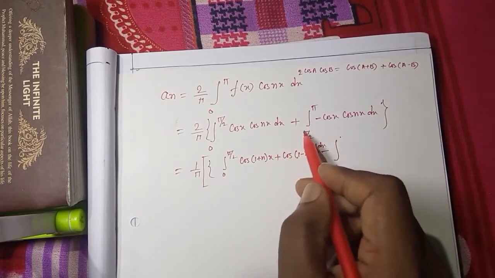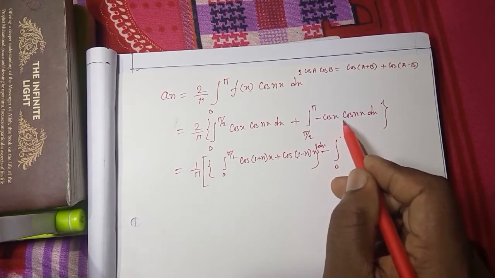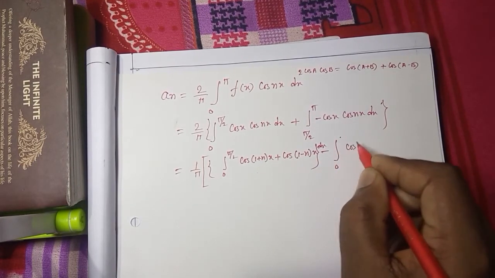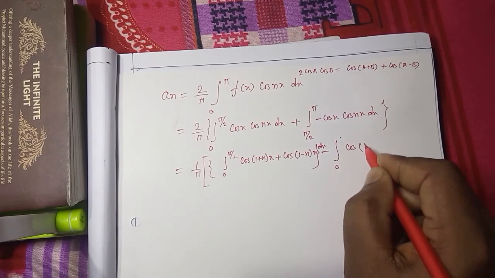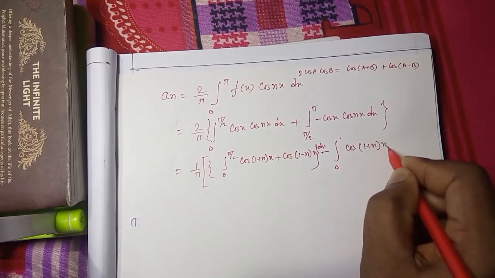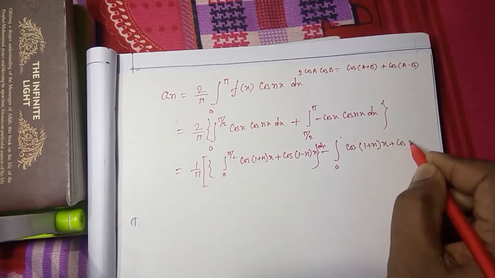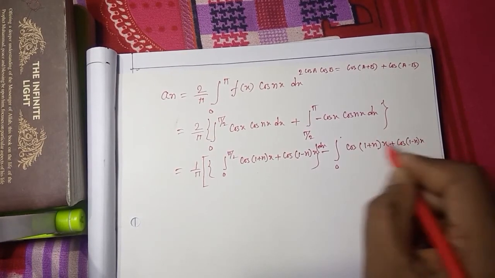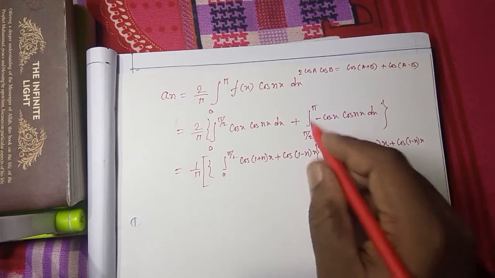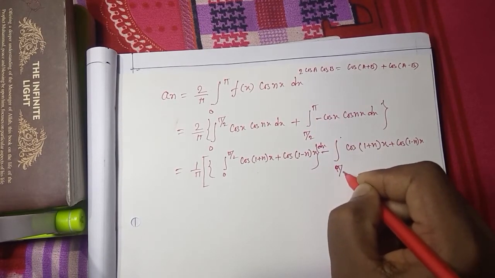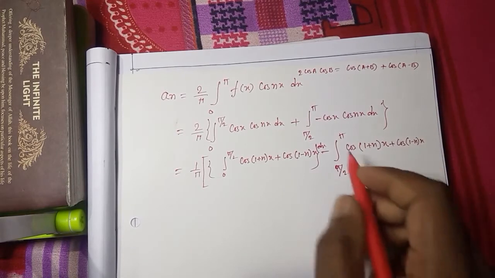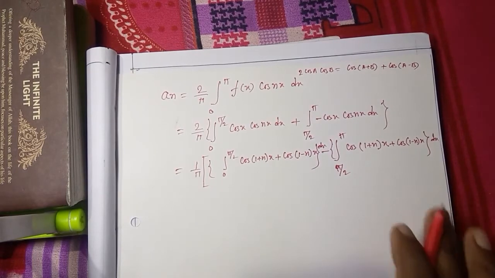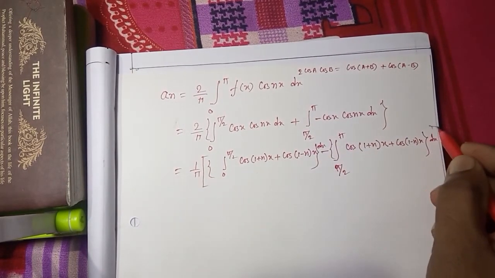Minus, these two here 2 cos x cos of nx dx give the term cos of 1 plus n into x plus cos of 1 minus n into x, with limit pi by 2 to pi, here also dx, and this third bracket is completed here.